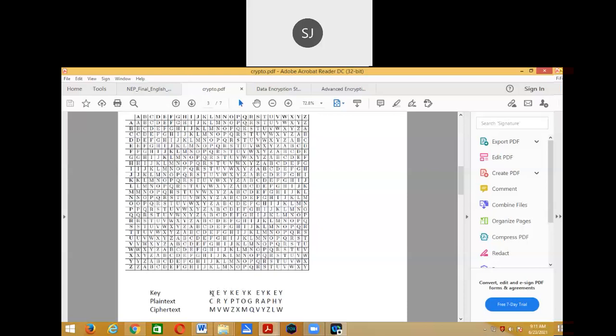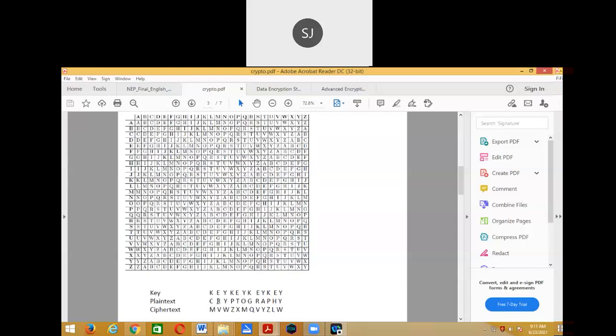So for C, the key is K, which means we follow the Kth row. Then we are encrypting C, so Kth row, Cth column. What is that letter? It is M. It is the intersection, so C is replaced by M.